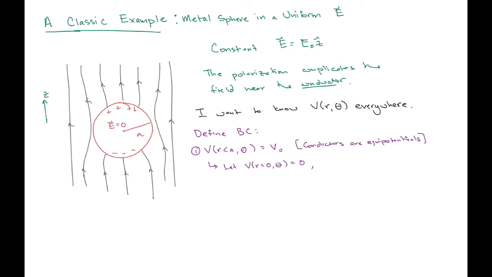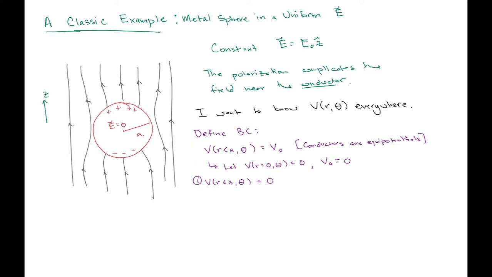So that gives me that V naught also has to be equal to 0, because that is definitely inside our conductor. So the potential for r less than a is not just going to be V naught, I'm going to say it's 0. So I'm actually going to scoot this down. This will really be our first boundary condition.